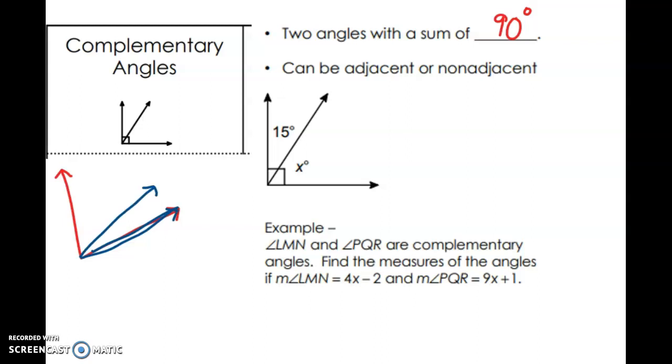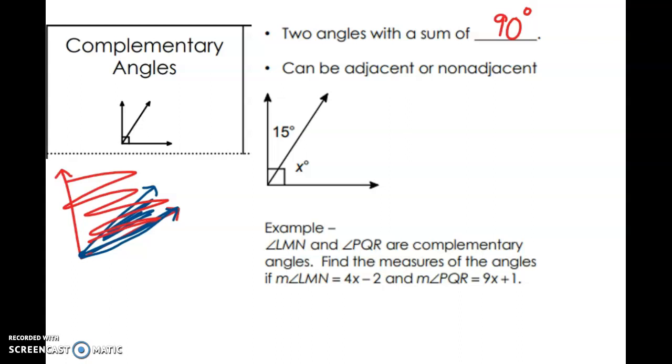All right, these two angles share a vertex. They also share this side, but do you see that the space of the blue one, which is right here, is in the interior space of the red one, which would be right here? They do overlap. So that would also be non-adjacent.